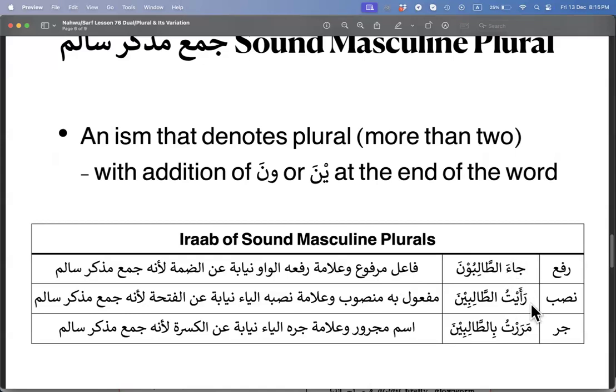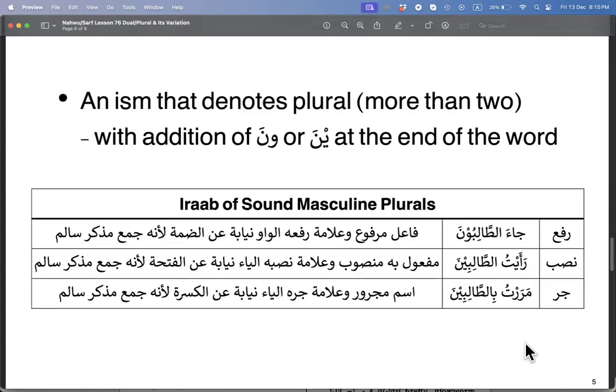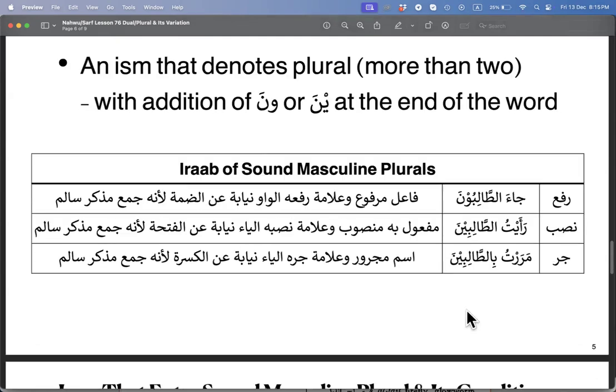What about the second one? Talibina. I saw the students. Good. And then marartu bitalibi. I passed by the students. Yes, exactly. Rafa, Nasab, and Jar.